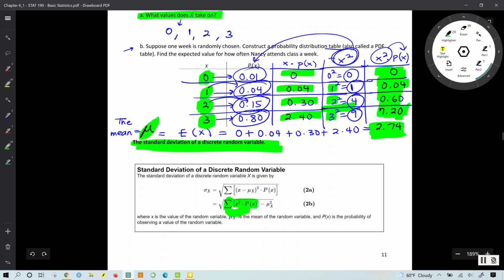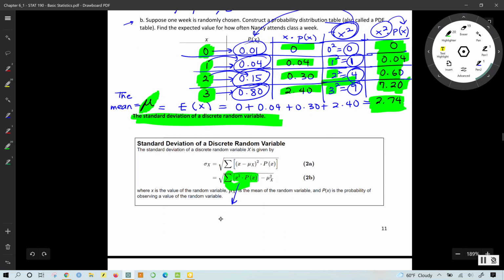So, in this way, we're saying that the standard deviation here will be the square root of the sum of these numbers. That is what this represents. That is coming here, minus the mean squared. Well, the mean we got was 2.74, so 2.74 squared is coming here.